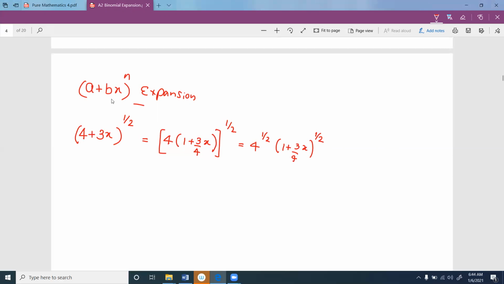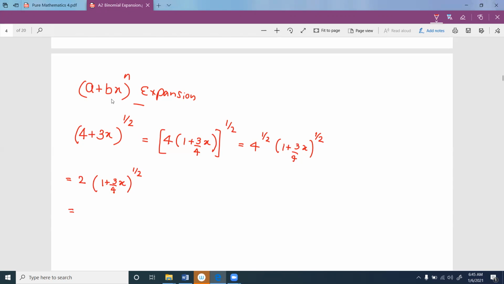Now you need to understand that 4 to the power half is the square root of 4, that is 2, times 1 plus 3 over 4 x to the power half. Now you can apply the universal binomial expansion for this part.